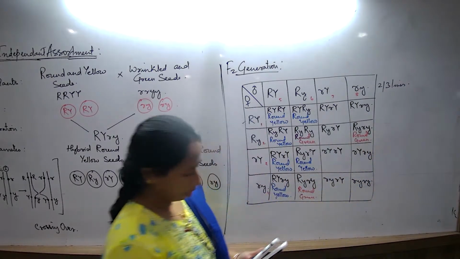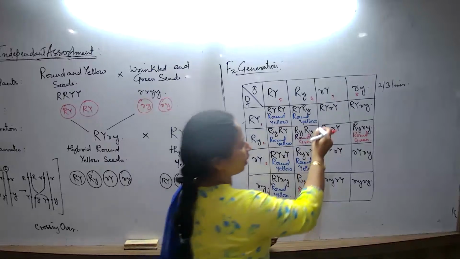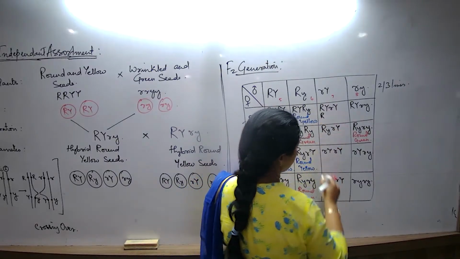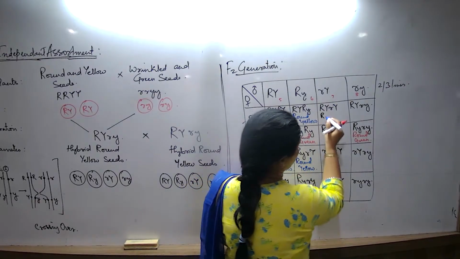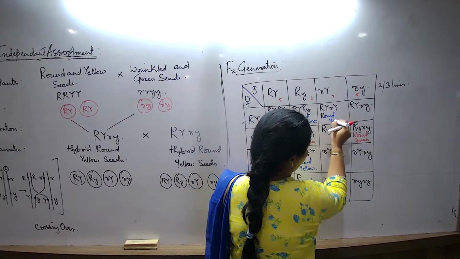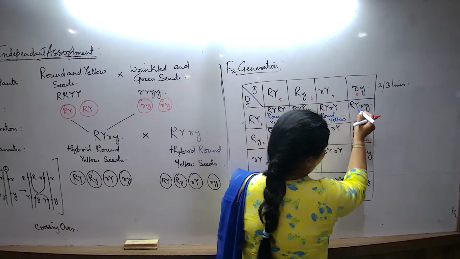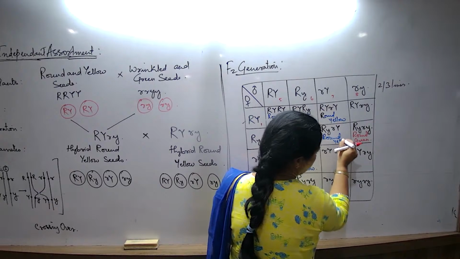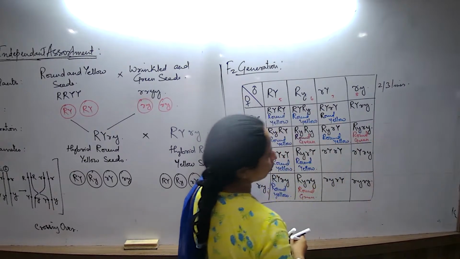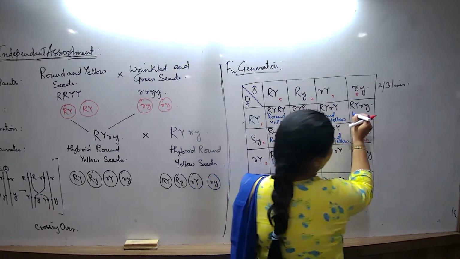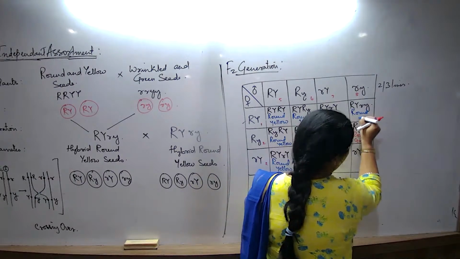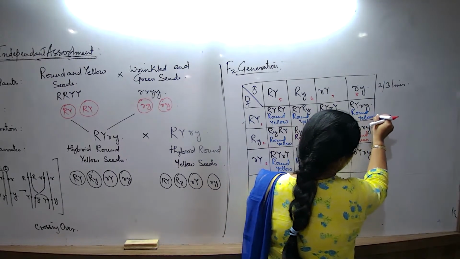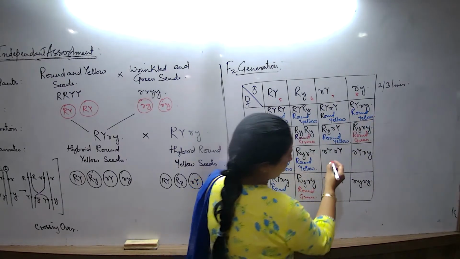Done. Now see the other one. What about the phenotype of this? This is round and yellow. What about this one? Round and yellow. Wrinkled and yellow. That's it. Do we have any more round and yellow here? Round and yellow. And now what about this one?